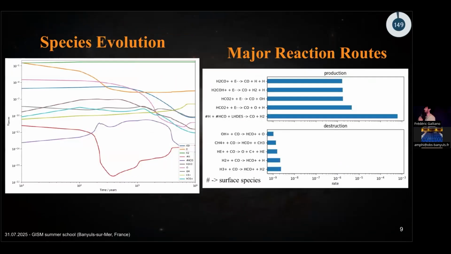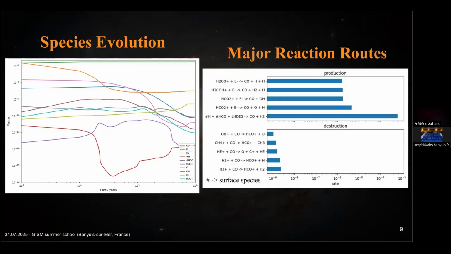The second thing that is interesting with this code is that it enables us to trace the major reaction routes that involve the production and the destruction of CO. And we see the production of CO is majorly affected by the reaction of H and HCO on the surface of the ice mantle, which is the formation of CO. And destruction of CO comes mostly from its reaction with H3+.